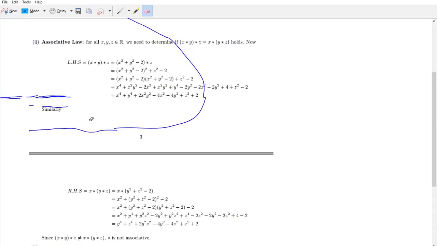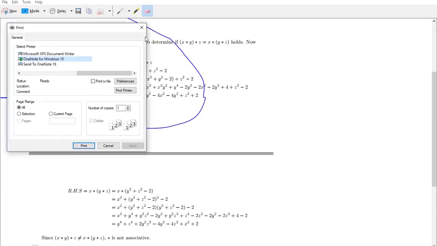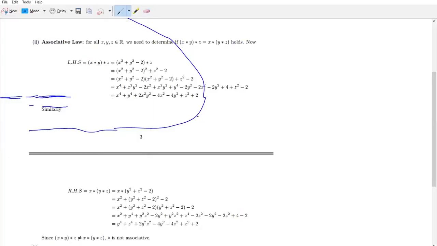So you are going to compare the two, and if this one is equal to this one, then star is associative. Now, in this case, when you look at these two expressions, you discover that they are different. Hence, star is not associative.